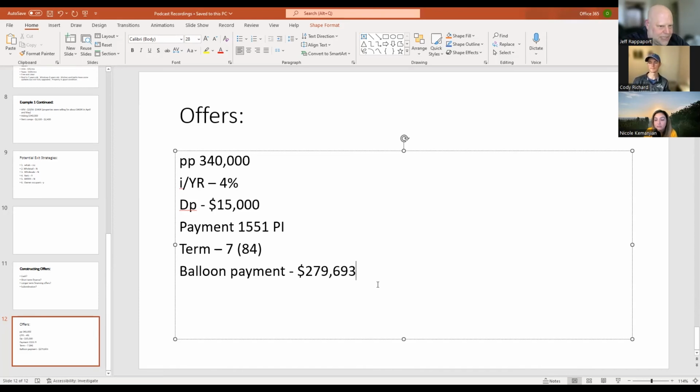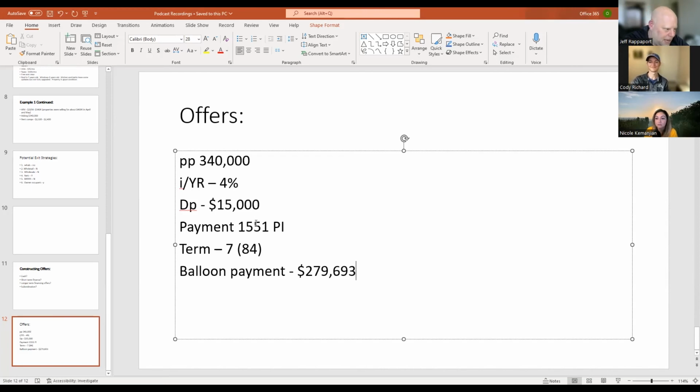If this property doesn't appreciate in the next 7 years, refinancing could be more difficult. In this case, for an owner occupant, they're probably refinancing and probably still going to have mortgage insurance. Would this probably appreciate from 340 in 7 years? Yeah, probably would. We'd probably be okay.